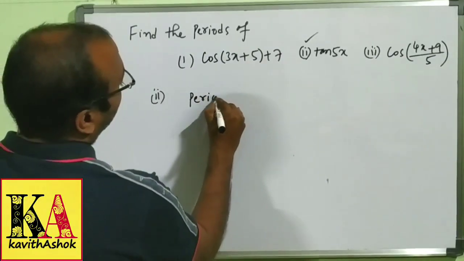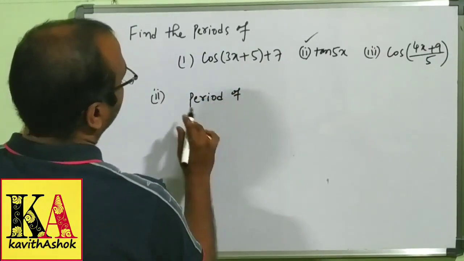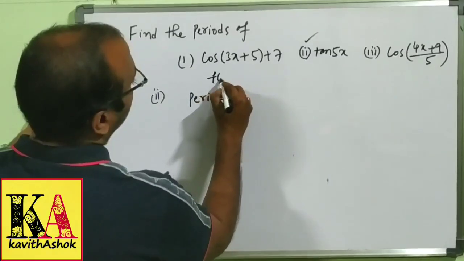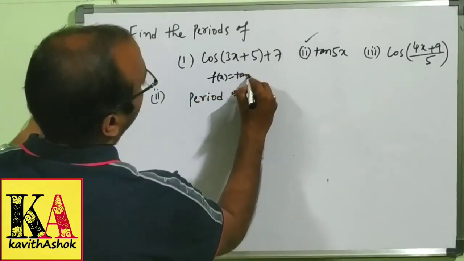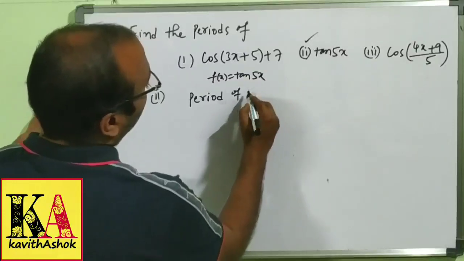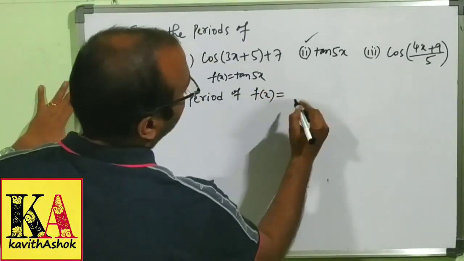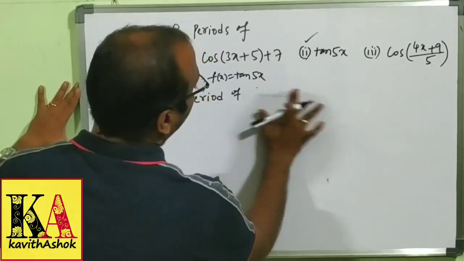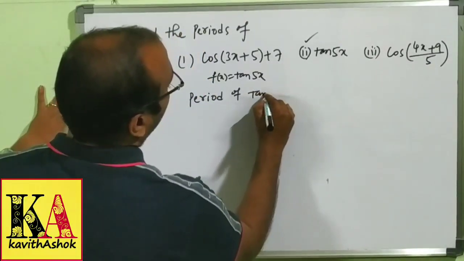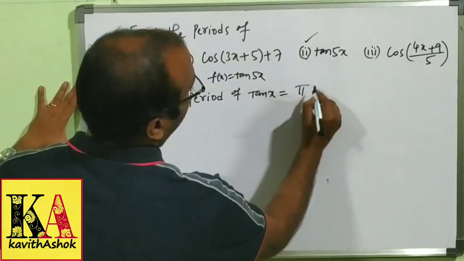Period of, we will take f of x is equal to tan 5x. Period of f of x means the period of tan x is pi.